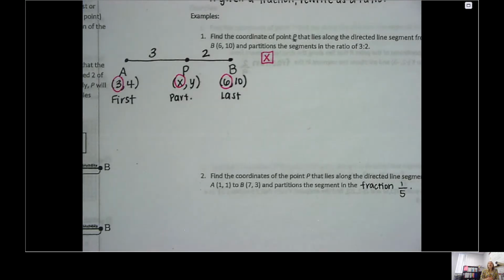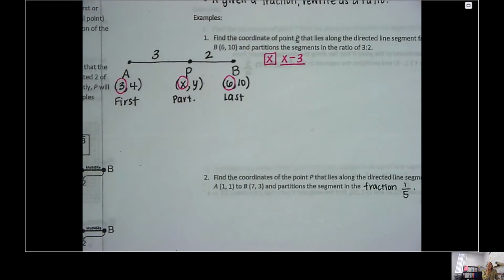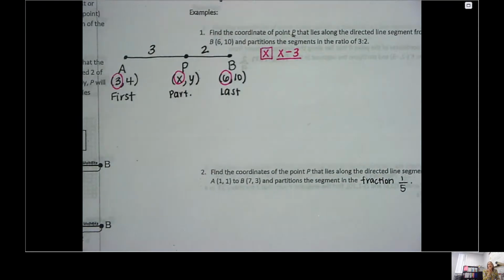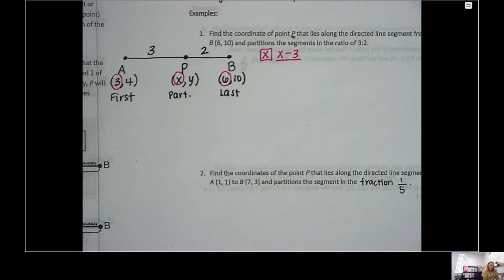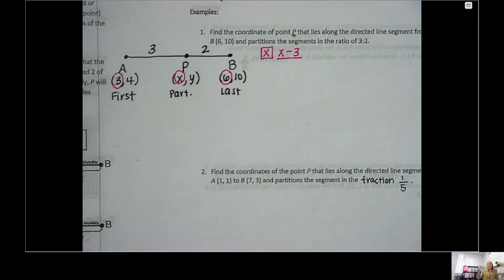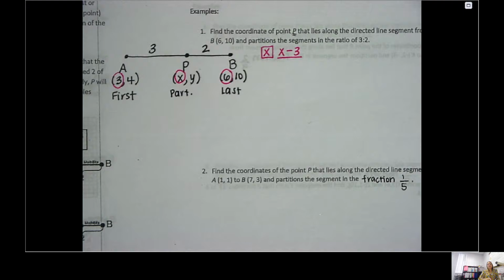Okay. Partition point minus the first point. So what's your partition point? x minus, what's your first point? 3. So on top of your fraction, it's x minus 3. The lower part of your fraction is last point minus partition point.